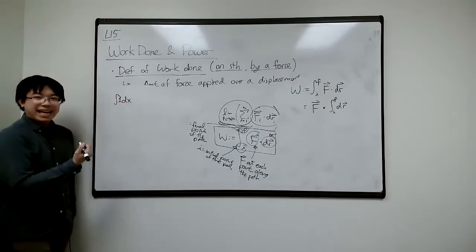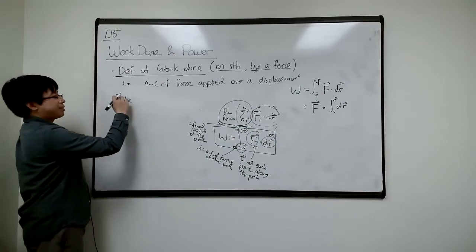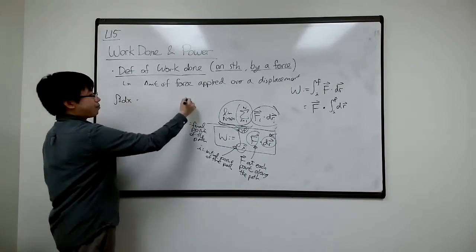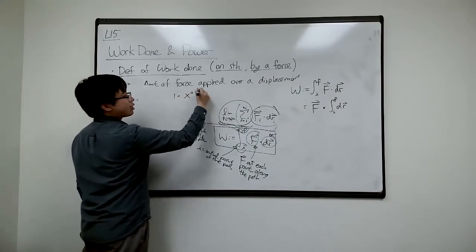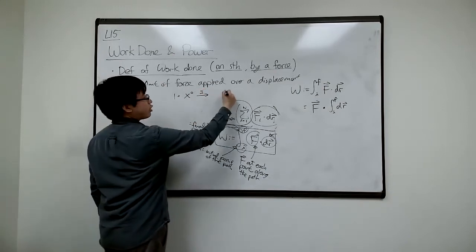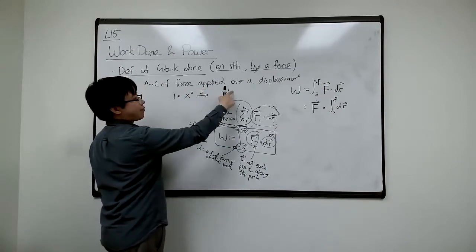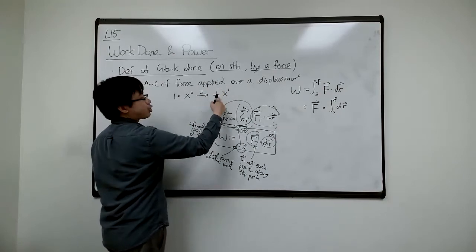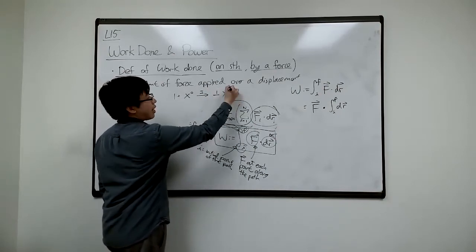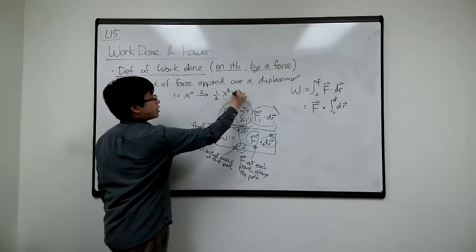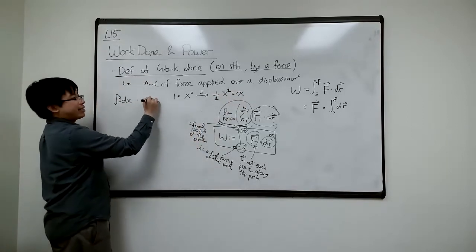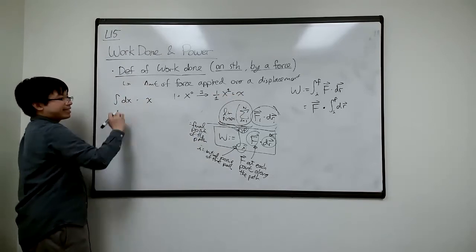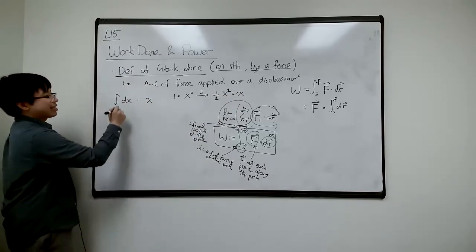That's 1 dx essentially, I'm just not writing the 1. And 1 is basically x to the power of 0. If you integrate that, you increase the power by 1 and divide by the new index, 1. So it's just x. When you integrate 1, you get x.